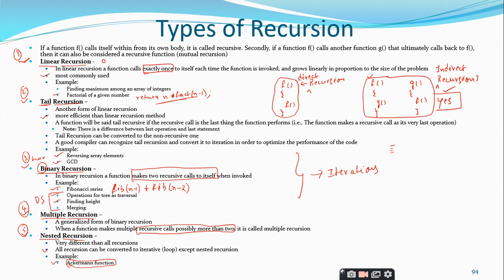But that is not applicable to nested recursion. You cannot convert a nested recursion program into iterations. This is the toughest thing which you can implement. So these are the various types of recursions: linear, tail, binary, multiple, and nested recursions.